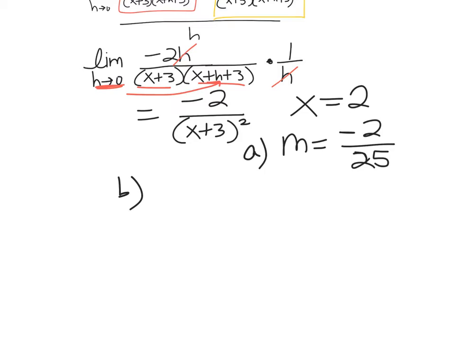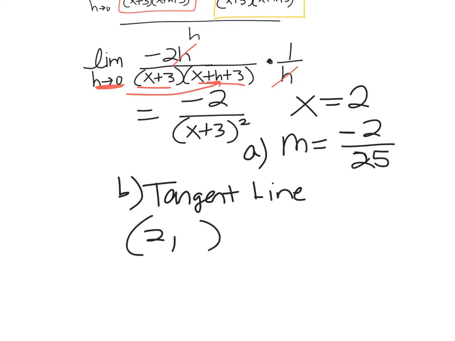Part B would then be to find the tangent line equation. Well, I need a point. I only have half of a point. To find the other part of my point, I would go back up and do 2 over 2 plus 3, which is 2/5.